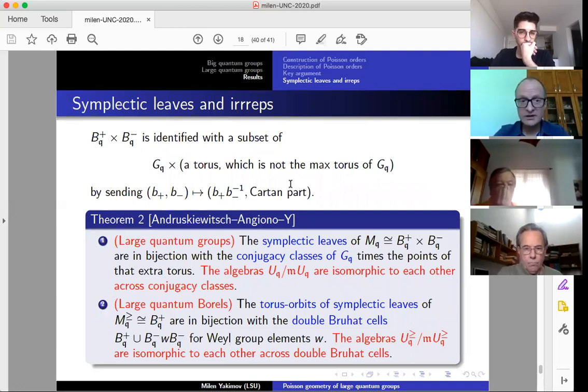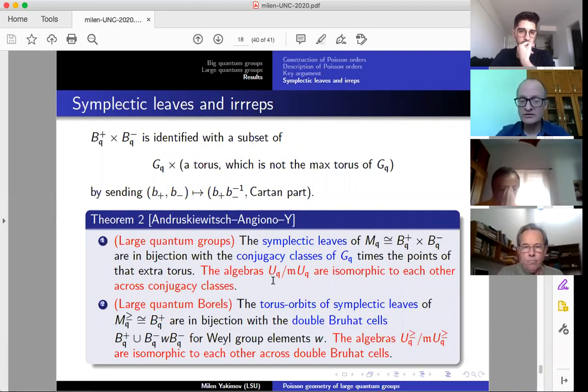And the last theorem is that if we look at the symplectic leaves of these BQ plus and BQ minus, they're precisely in bijection with the conjugacy classes of GQ under this isomorphism times points of this extra torus that appears on the top of the slide.